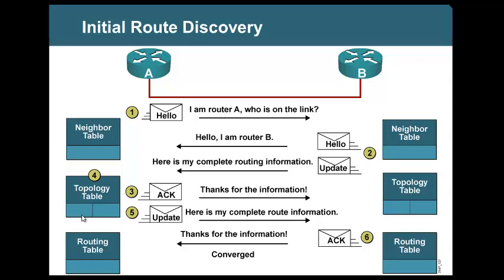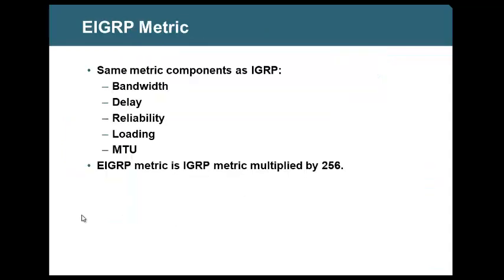Now, the metric of EIGRP is 5 in number. Initially, the protocol was called IGRP, Interior Gateway Routing Protocol. And this IGRP was a classful protocol.